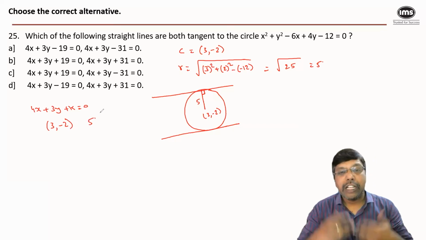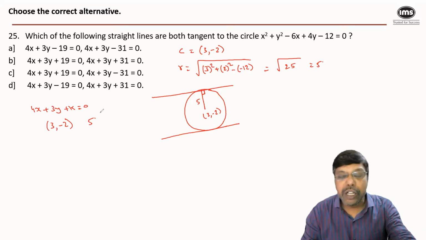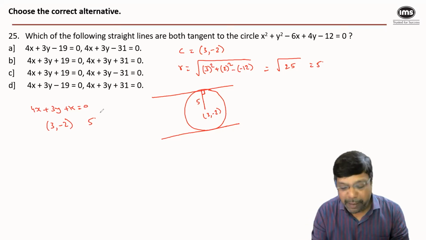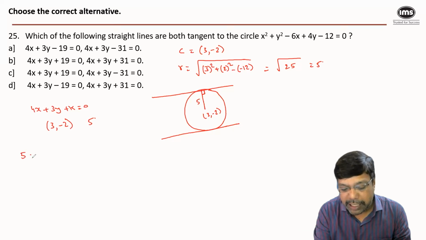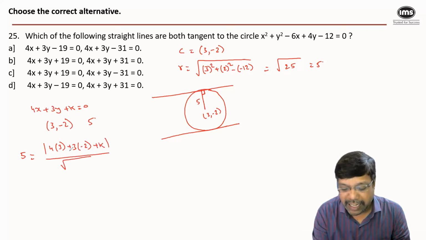Now we know how to calculate the perpendicular distance from a point to a given line. So the perpendicular distance 5 is equal to mod ax1 plus by1 plus c whole divided by square root of a square plus b square.